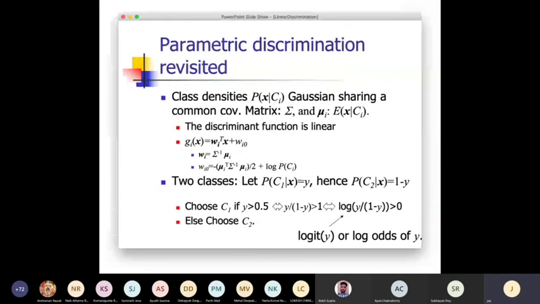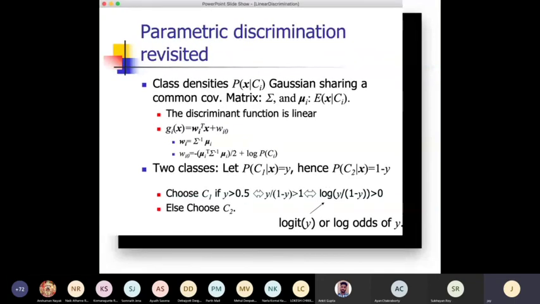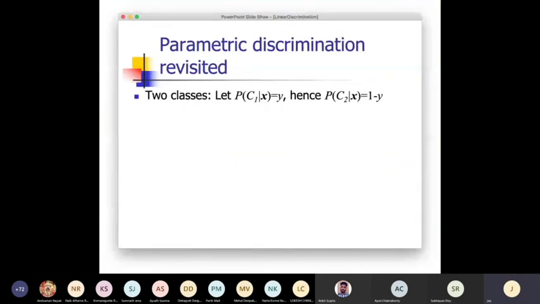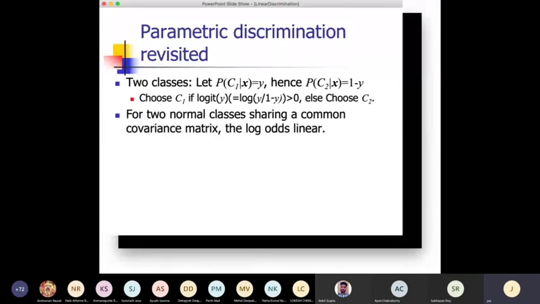It is a very simple definition, but you need to understand it. So logit y means log of y by 1 minus y. Sometimes we call it the log odds of y. This is just a repetition of what I mentioned in the previous slide.